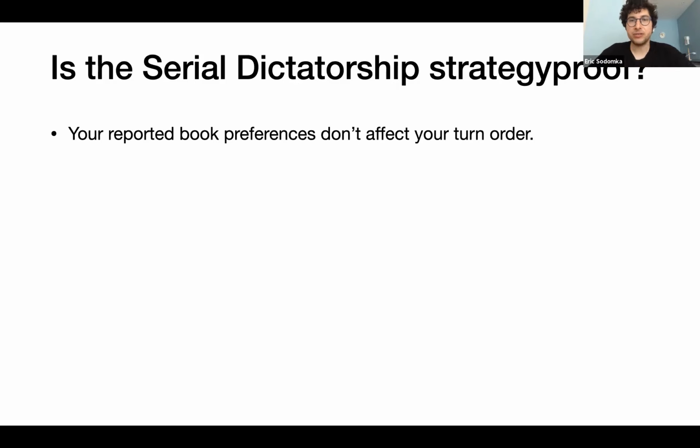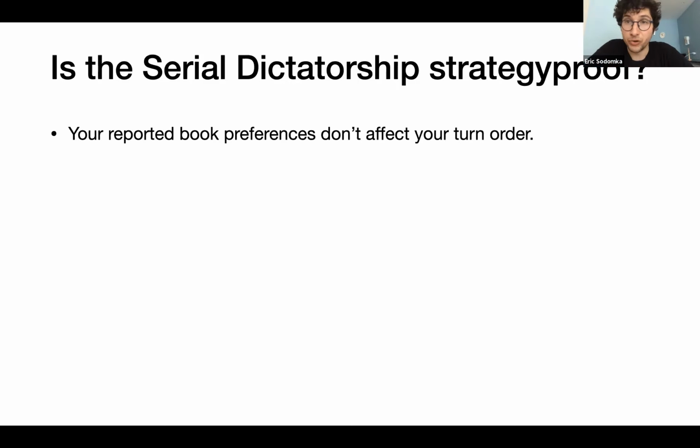Okay, so first of all, I said it is this get-in-line mechanism, but let's think about it as Alessandro said at the beginning, where everyone reports their preferences, their list from most favorite book to least favorite book, and I randomly choose the ordering and give someone their favorite book that is still available.